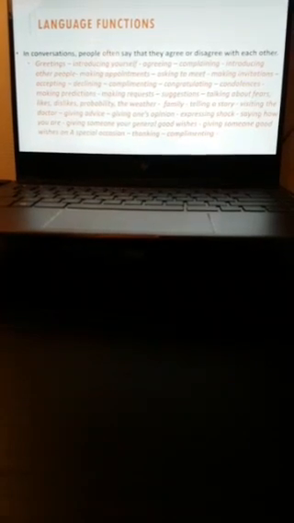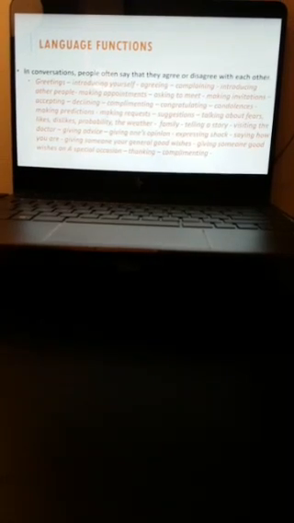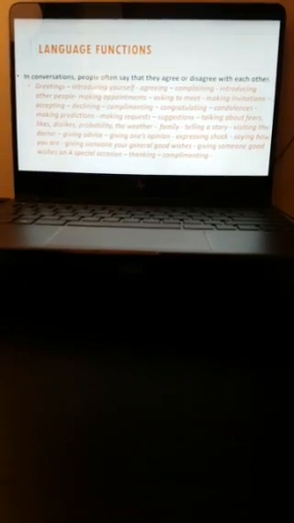Okay, something else related to the skills that we need to teach the students: language functions.